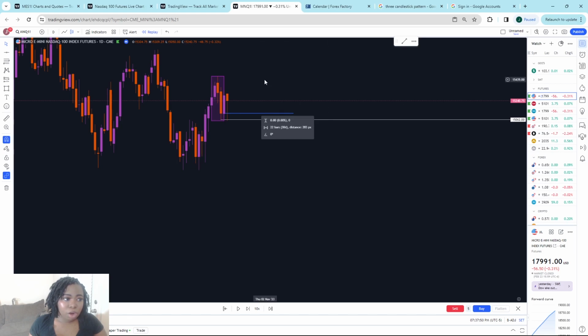So far, we're on the daily time frame, and I have the third candle's swing low marked, because again, that could be a potential draw on liquidity, an area where price could possibly be drawn to. So I have that marked out, and I also have the fourth candle's opening price marked out. And that's pretty much it for the daily time frame.